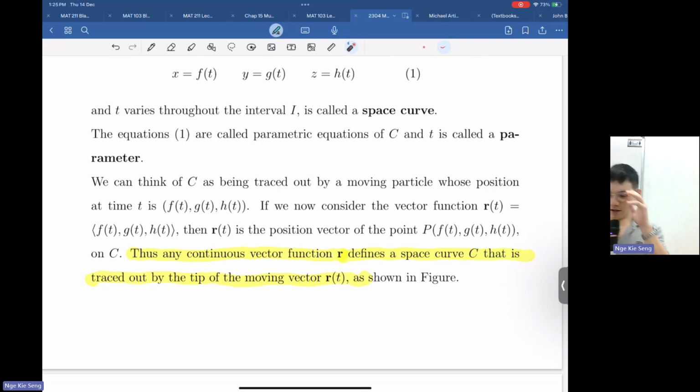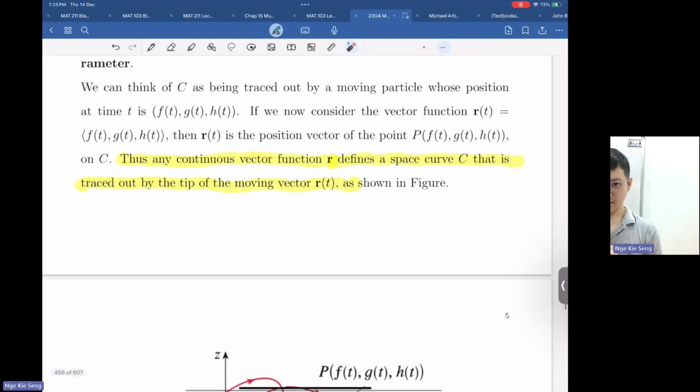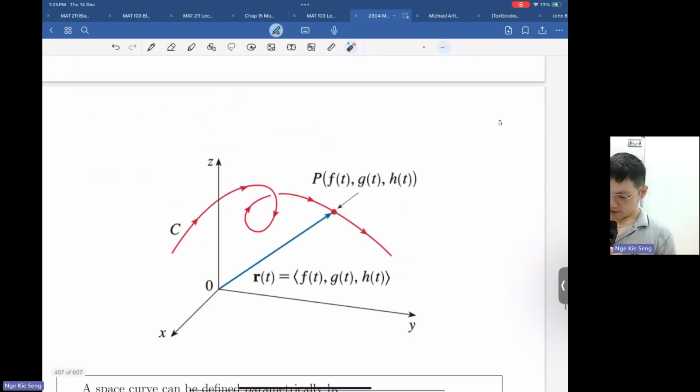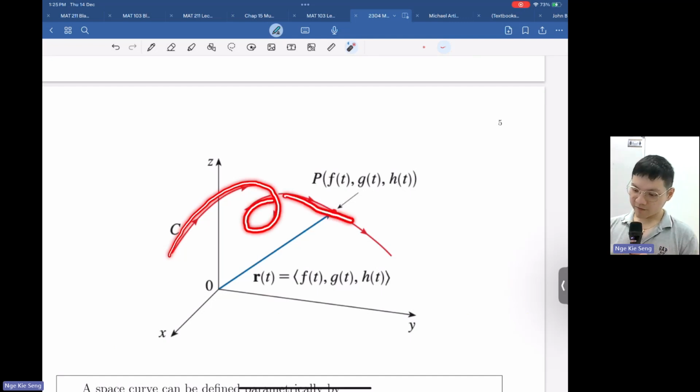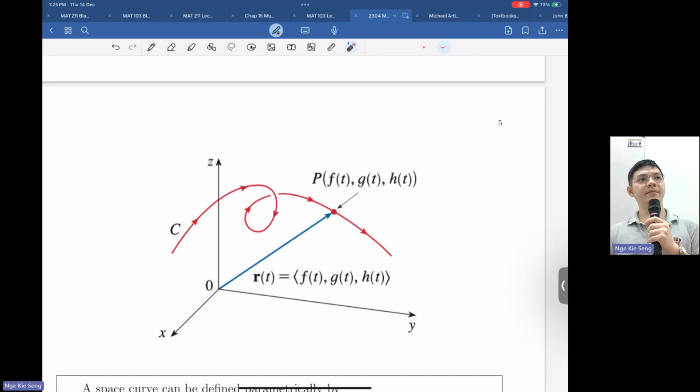So here is the space curve in a 3D space. Let's see. So it's something like this. If you have RT defined by FT, GT, HT, and they are all continuous, then you trace out a curve in the space here.